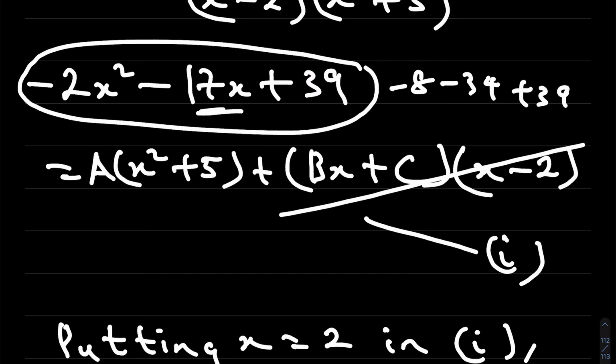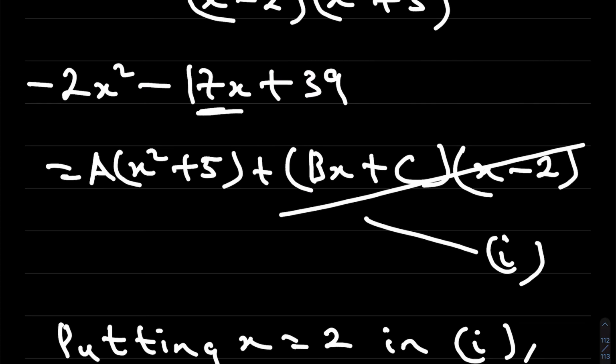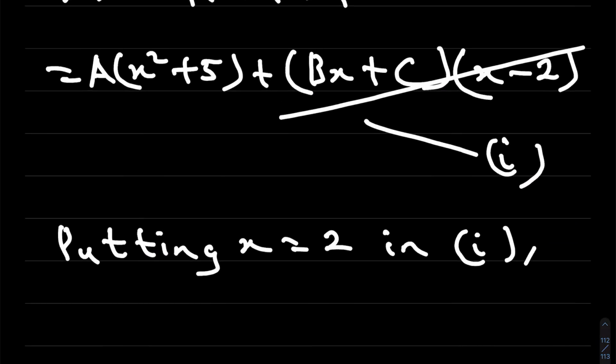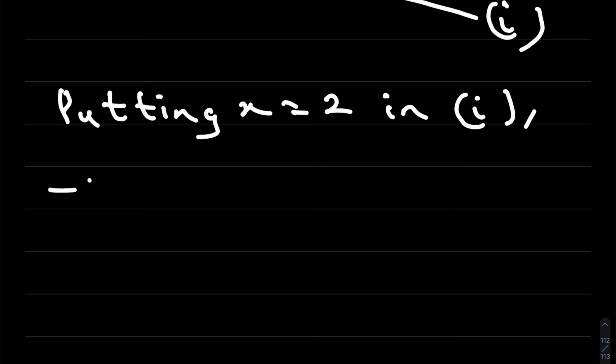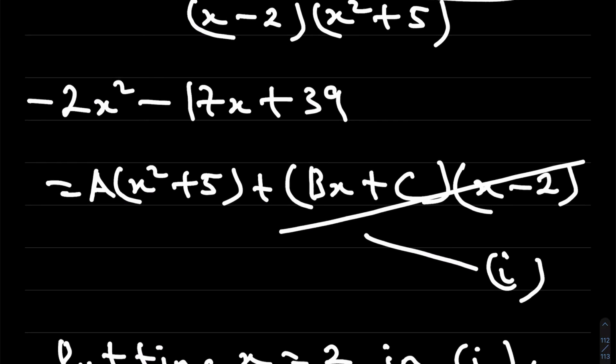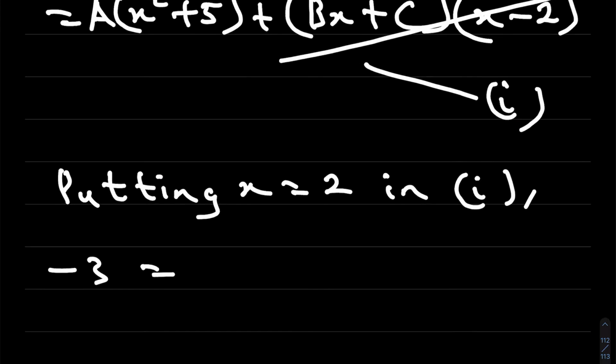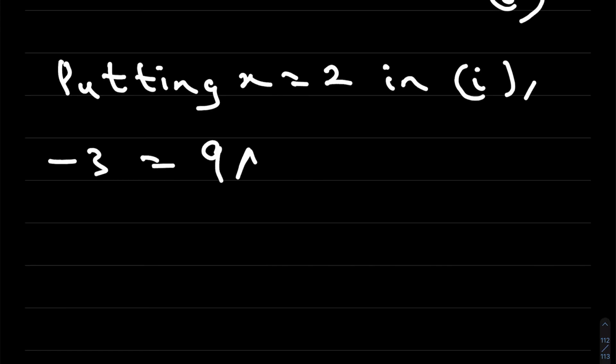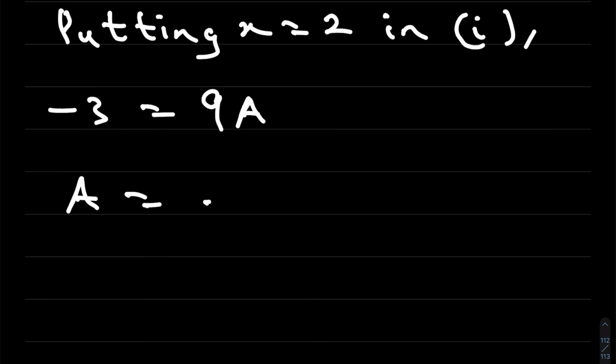So that's minus 42 plus 39, which is minus 3. So minus 3 equals 2 squared is 4, 4 plus 5 is 9, so minus 3 equals 9a. And that simply means a equals minus 1 over 3.